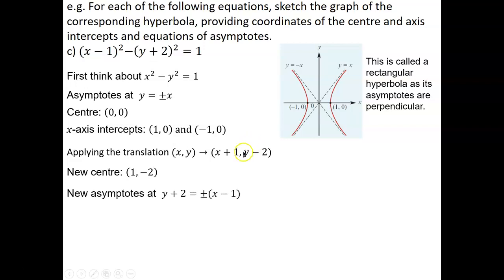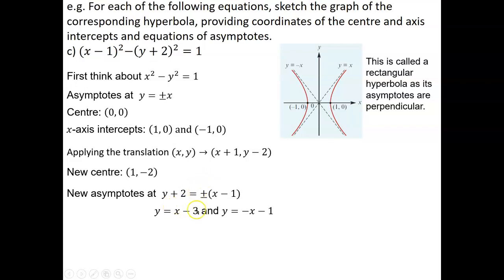And for our new asymptotes, I just take this and substitute in y plus 2, x minus 1, because I know that the asymptotes intersect at the centre. So y plus 2, or y subtract negative 2, equals positive and negative 1, which is my gradient of them, times x minus 1.